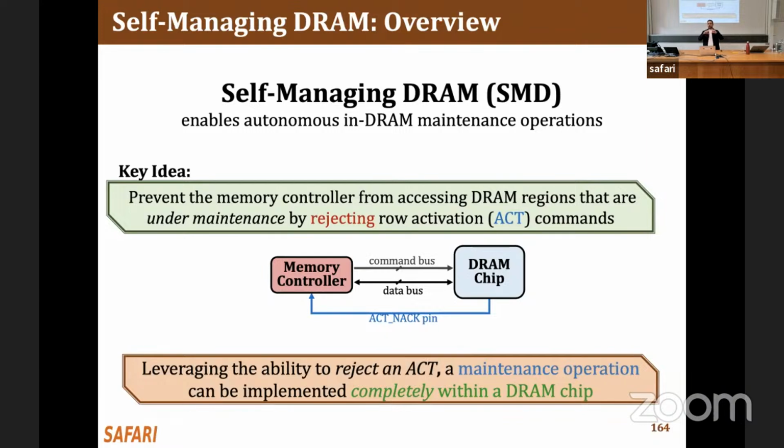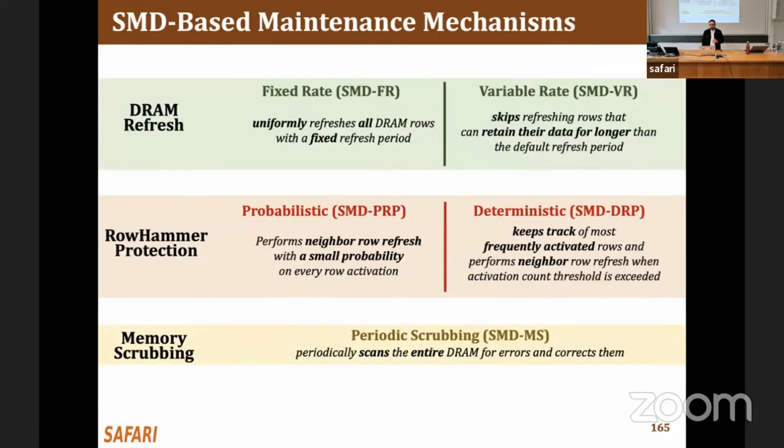It basically blocks a memory region. And if the memory controller tries to activate a row in that memory region, it sends a signal called ActNAC. So the memory controller understands that the activation is not performed, and it does not try activating for some time, and then it tries again. And by doing that, we can enable a lot of maintenance mechanisms.